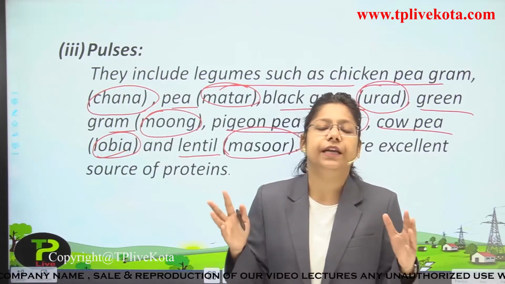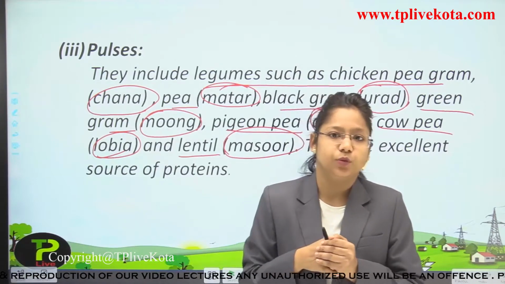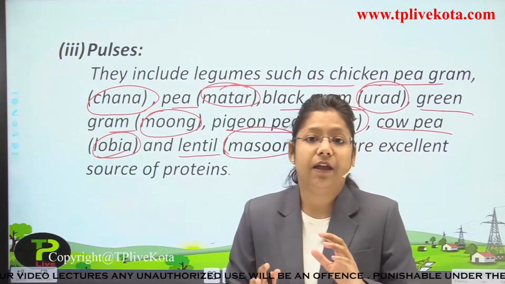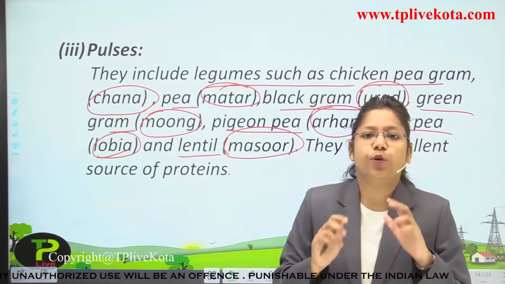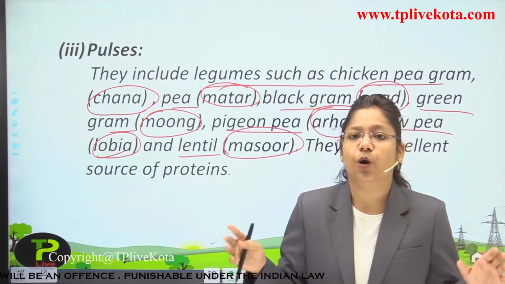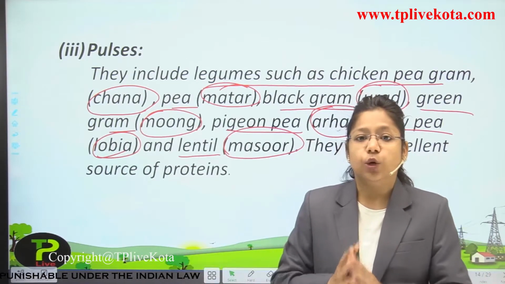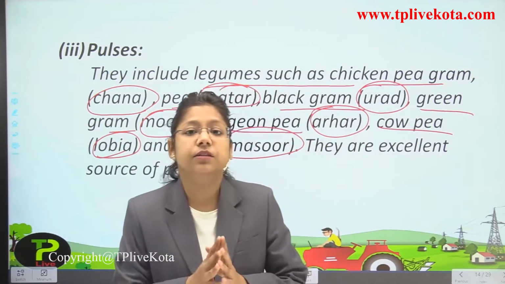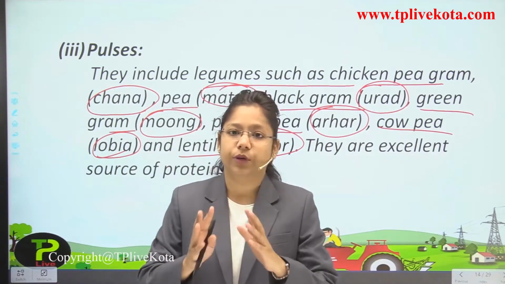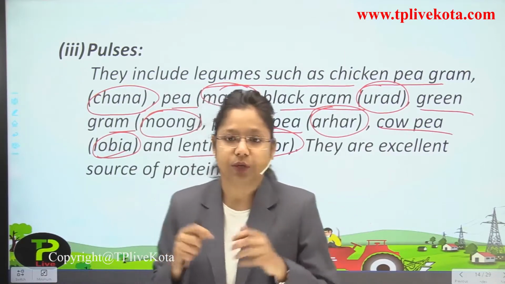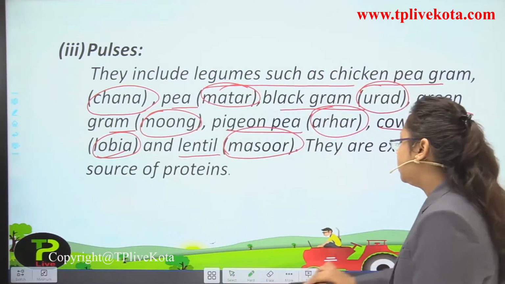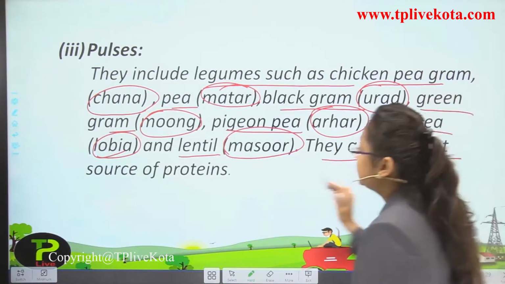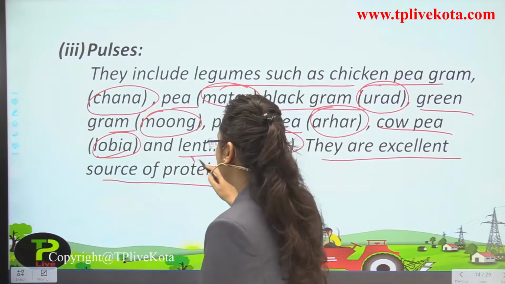So they are very necessary for our body, students, because they have protein, and proteins are the basic building blocks of a human body. So you should consume pulses daily, because our body requires protein in a very rich amount. You should mark here, they are an excellent source of proteins.